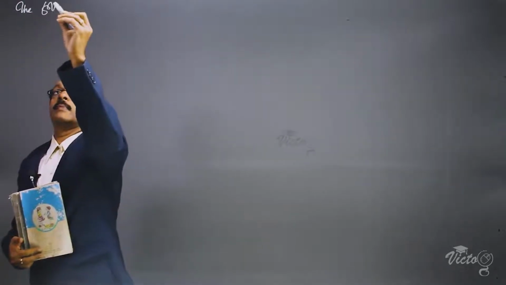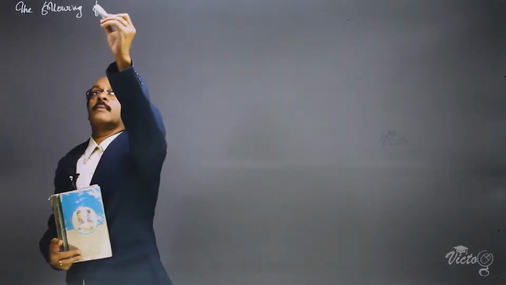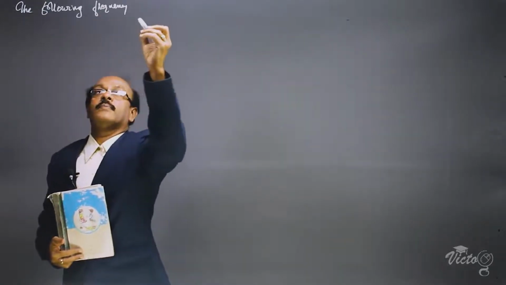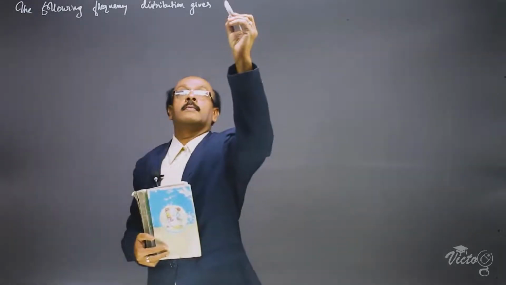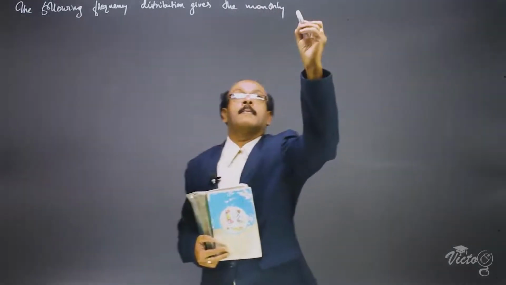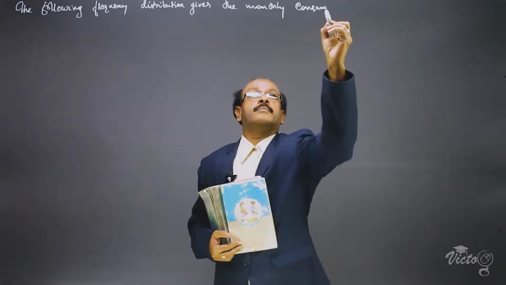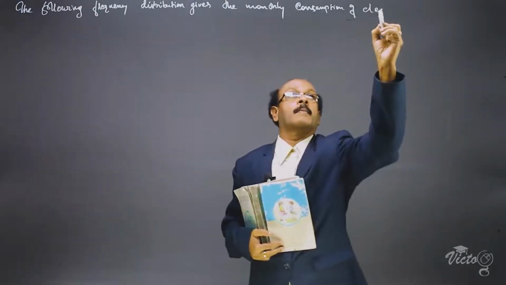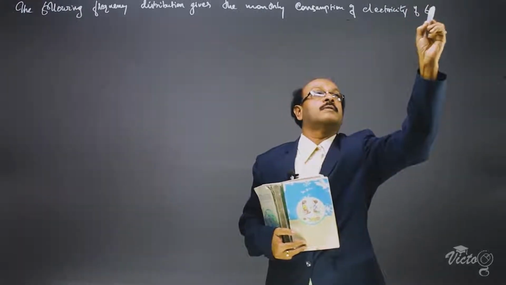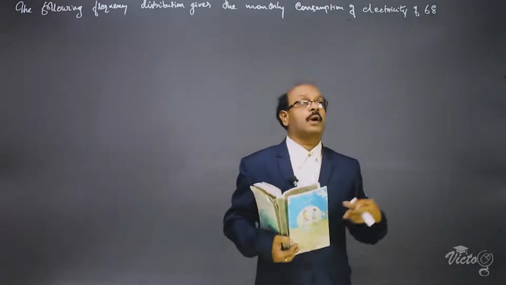The question is: the following frequency distribution gives the monthly consumption of electricity of 68 consumers of a locality.